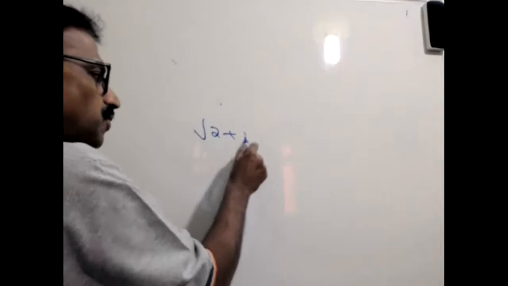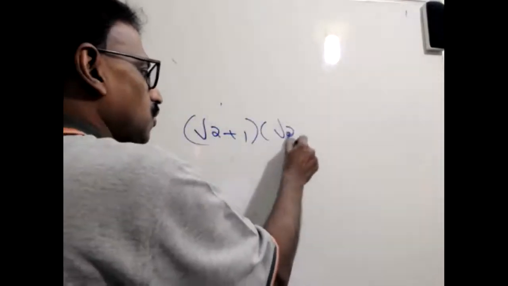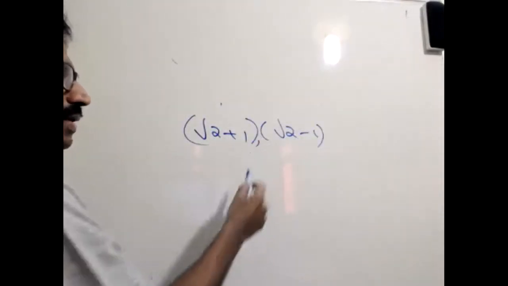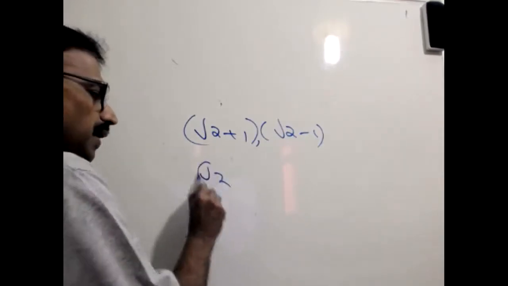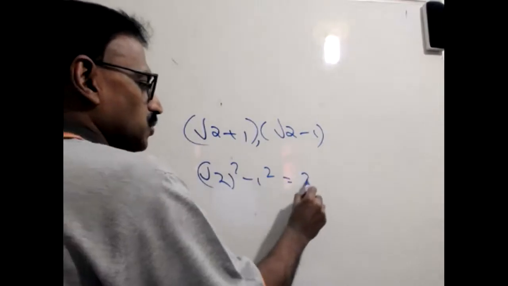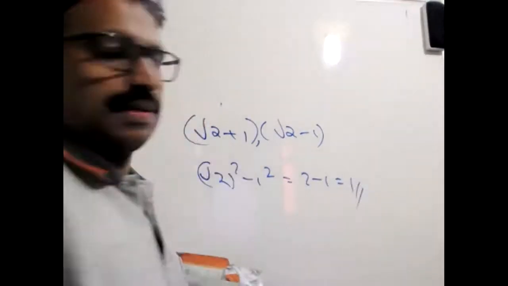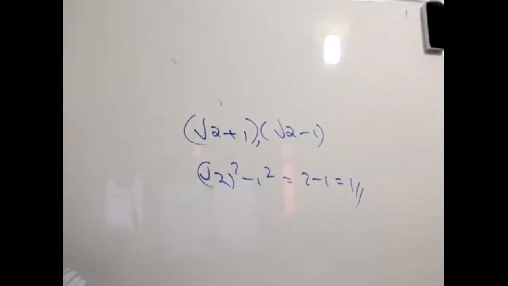Okay, look, root 2 plus 1 and root 2 minus 1, two numbers. What happened? Root 2 squared minus 1 squared, that is 2 minus 1 equal to 1. You can make your own example, there is no issue. I'm just giving an example only.